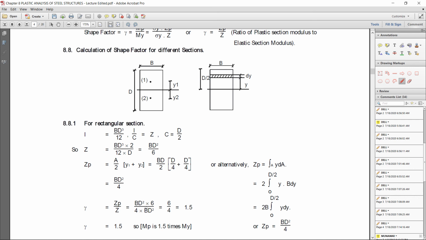It is just rearranged. The elastic section modulus is b d square by 6. Okay, b d square will be cancelled out. The answer is 1.5. We got the shape factor 1.5.